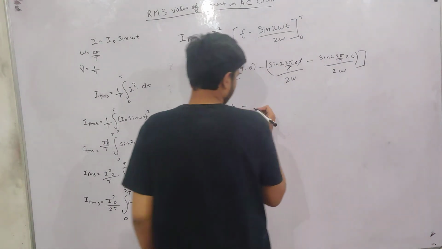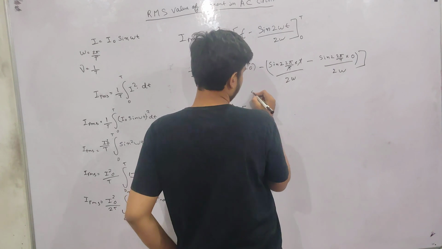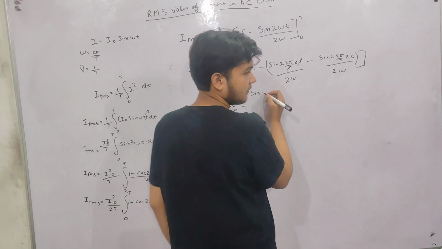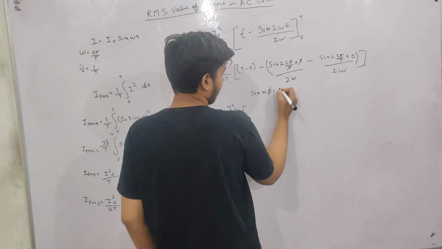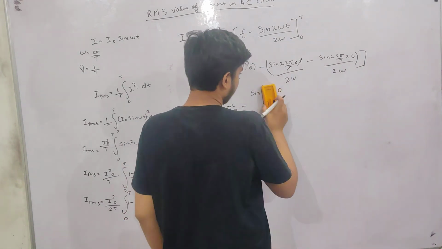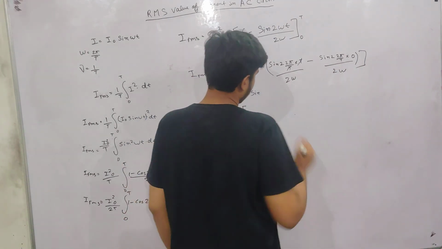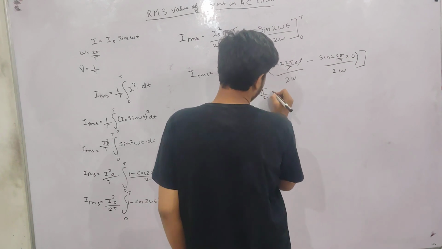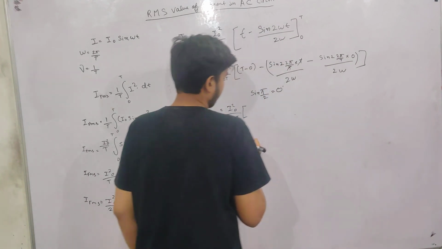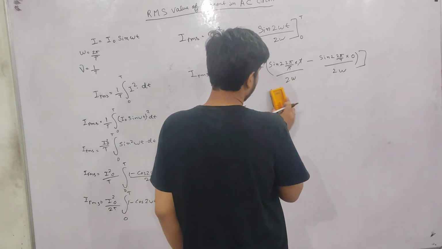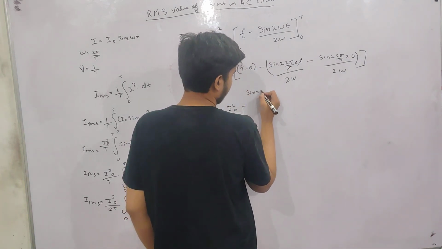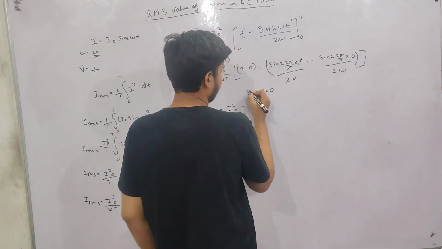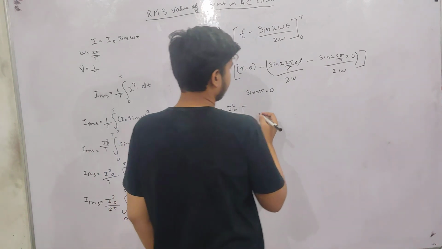Therefore sin n pi equals 0, and the lower term is also 0.